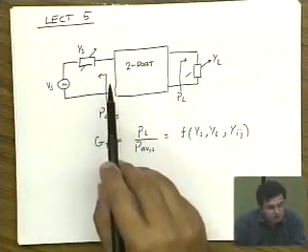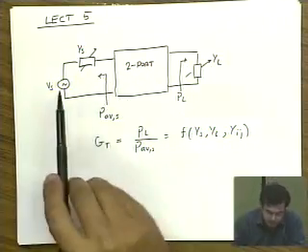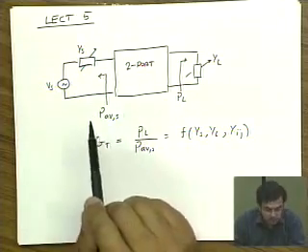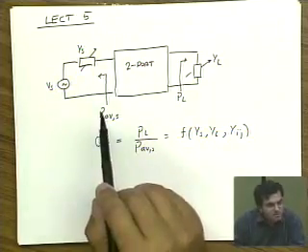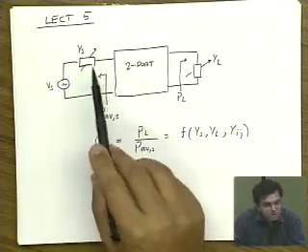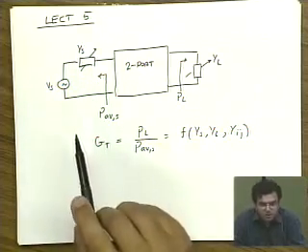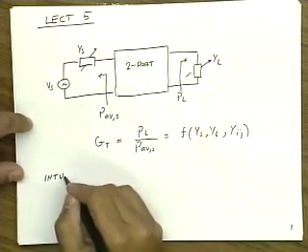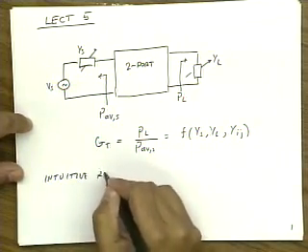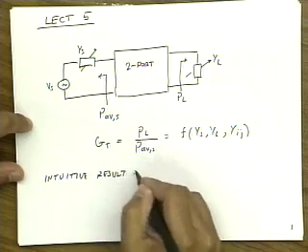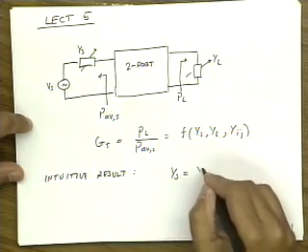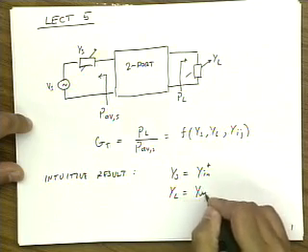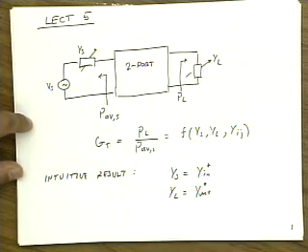From the source side, it's the same thing, right? We want to get as much of the available power into our 2-port. To do that, we'd like Y source to be the complex conjugate of the input admittance. So the intuitive result is simply make Ys equal Y in star and YL equal Y out star.